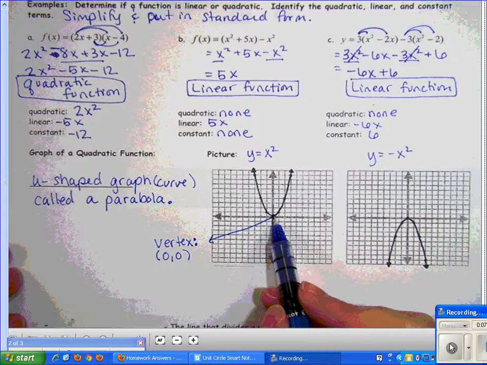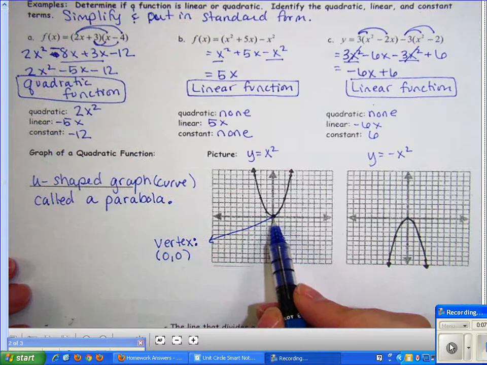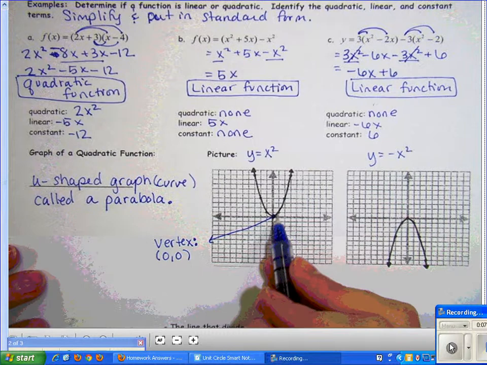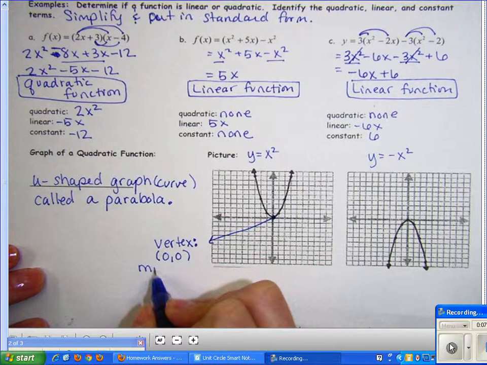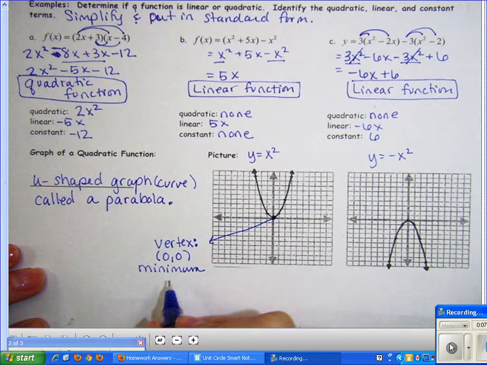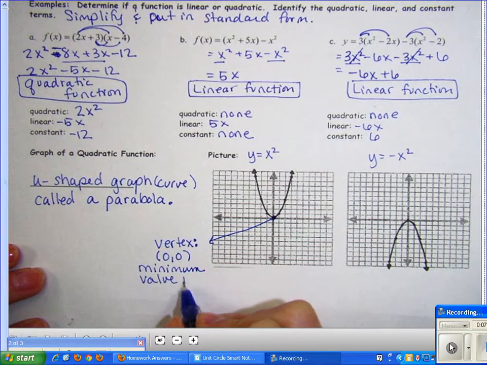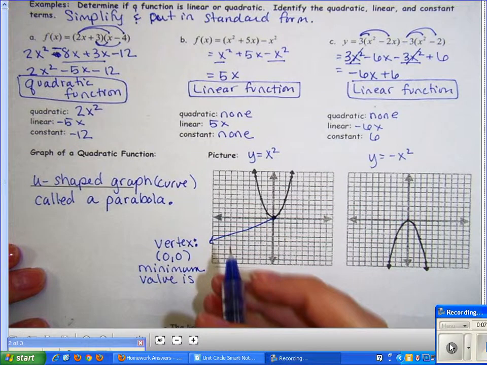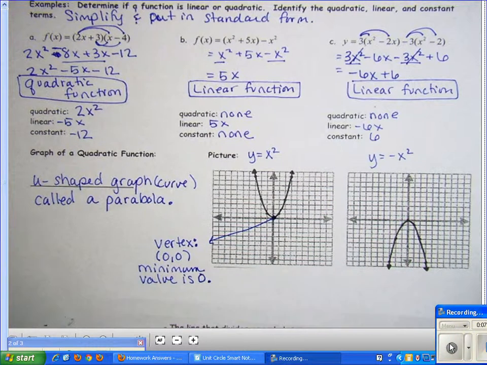So since this point is the lowest point compared to the other points around it, I know that this is a minimum value. So the vertex is a minimum. The minimum value is the lowest y value that you have. So in this case, the minimum value would be 0.